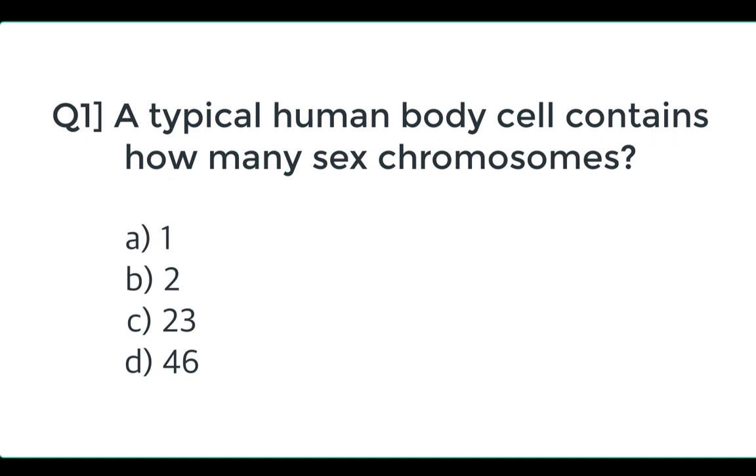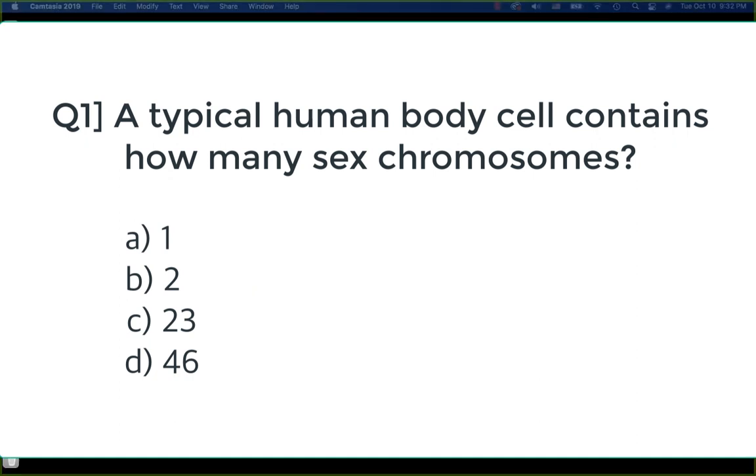Okay, let's solve the questions. Question 1: A typical human body cell contains how many sex chromosomes? This question is asking about the number of sex chromosomes in the cell, not the entire number of chromosomes inside the cell. So you can find the answer easily.